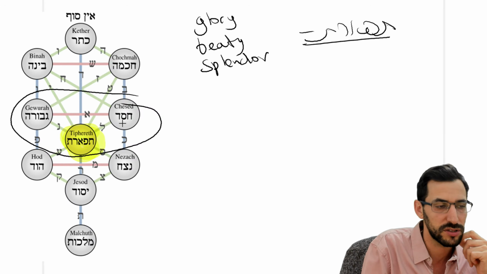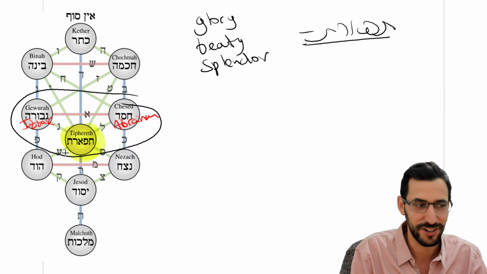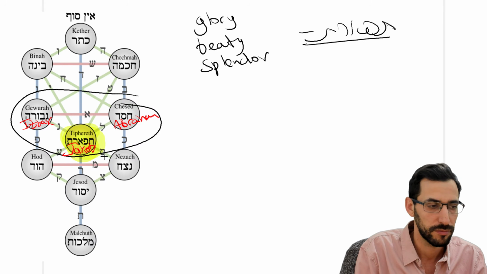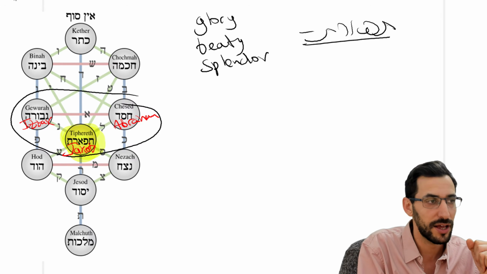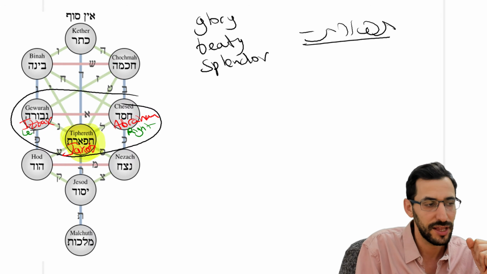So if Hesed was Abraham, Gevura was Isaac, so guess who Tiferet is? You got it. Jacob. Yaakov. Abraham is a right line. Isaac is a left line.